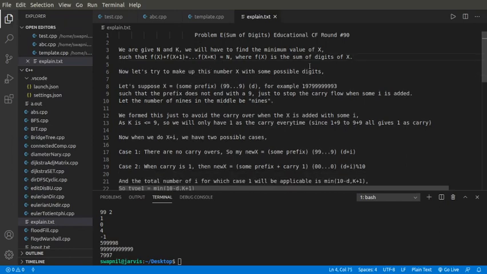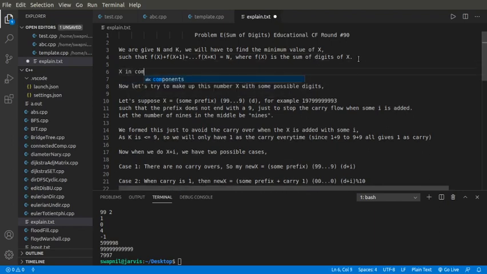So we will have to think of the number x in components. Okay, so let's try to make up this number x with some possible digits or some possible type of components. So my claim for this question would be, let us suppose x is equal to some prefix, which shouldn't end with 9, I'll explain later, and some amount of 9s in the middle, and at last a single digit d.